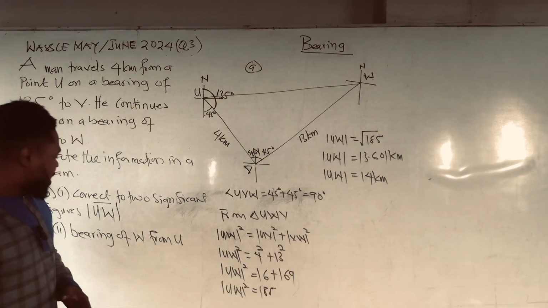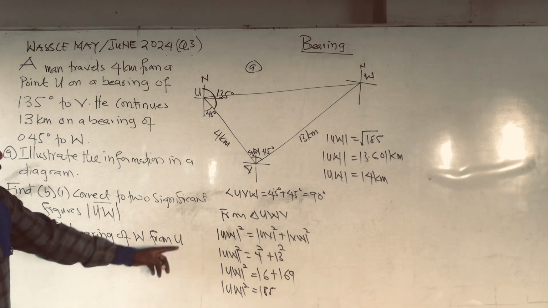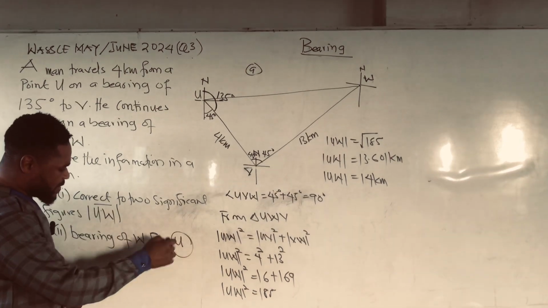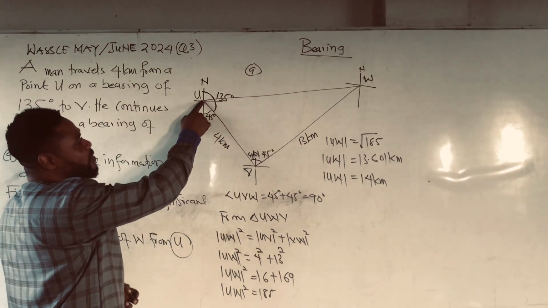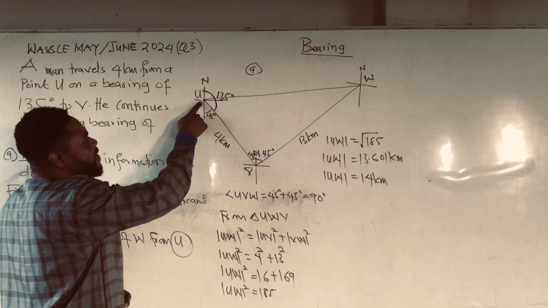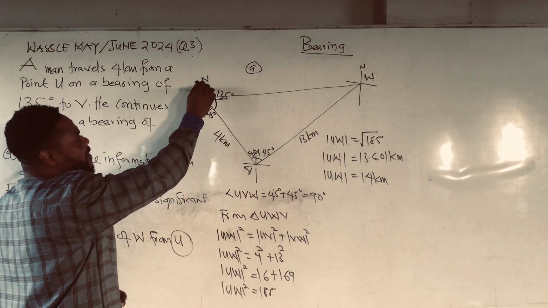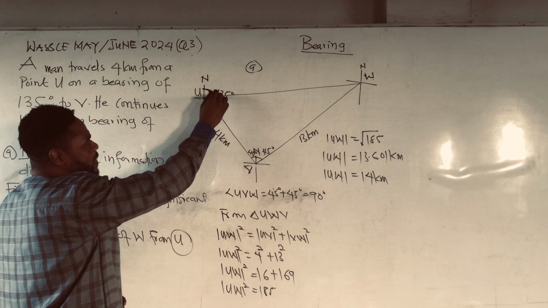Now let us see how we can calculate the bearing of W from U. So it means the bearing needs to be taken at U. And this is our U, and this is our W. So if we want to take the bearing, we start at the geographical north in a clockwise direction, then we take it up to the line. And this is the line.